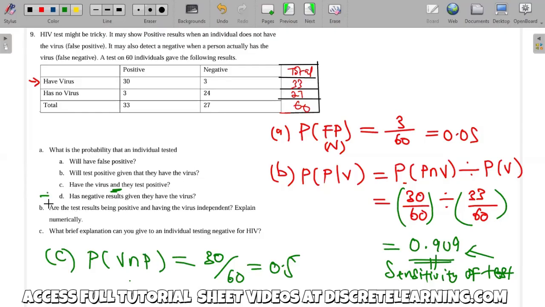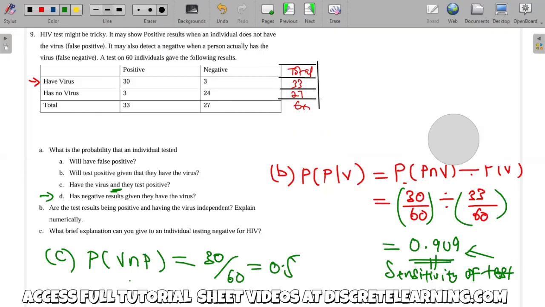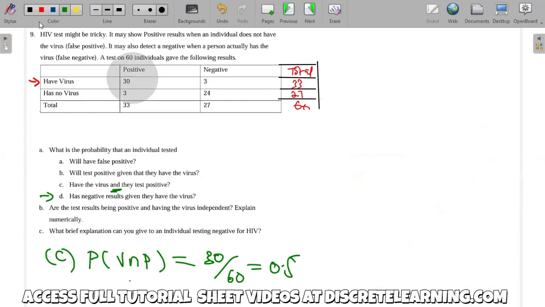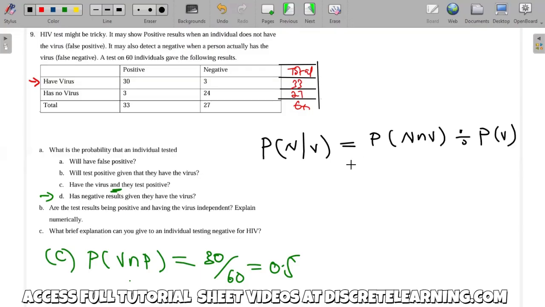What about D? They're saying what is the probability that an individual tested has negative results given that they have the virus. So there, we're also talking about conditional probability. So this will just be the probability of negative intersection virus divided by the probability of virus.